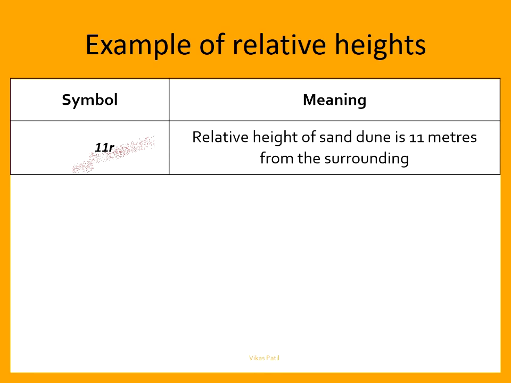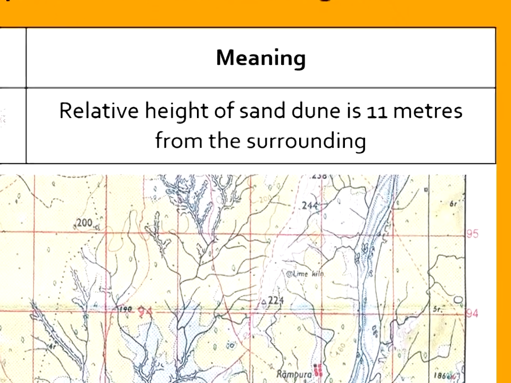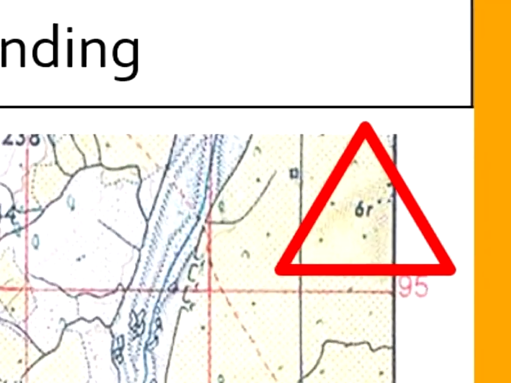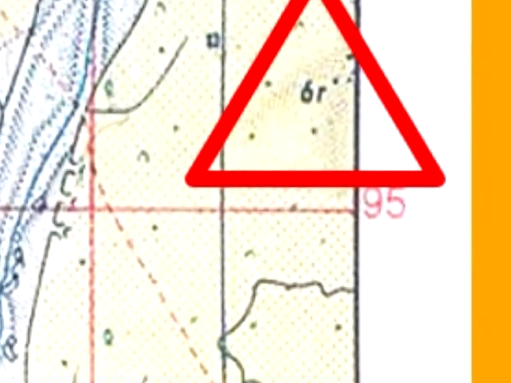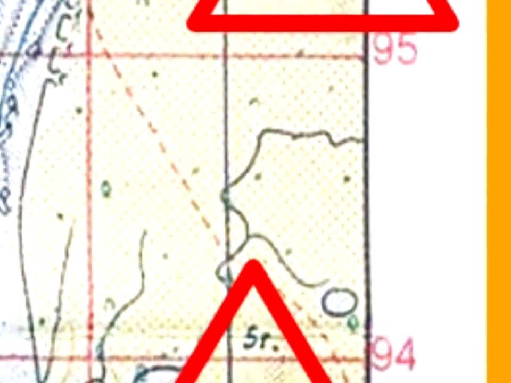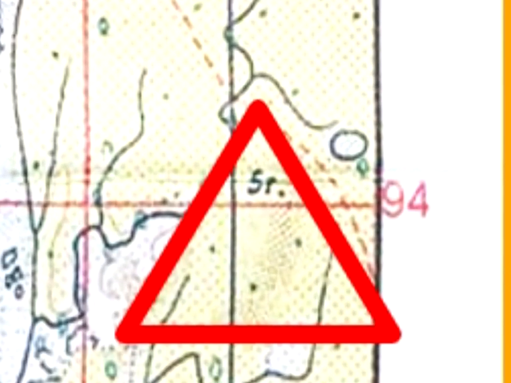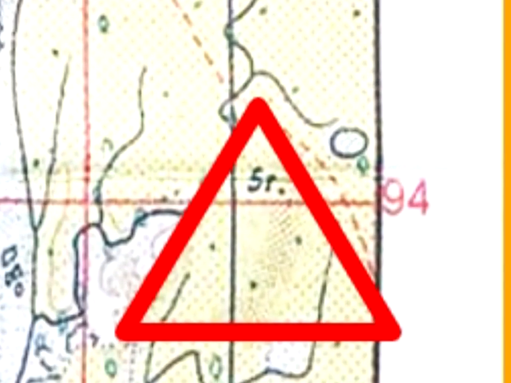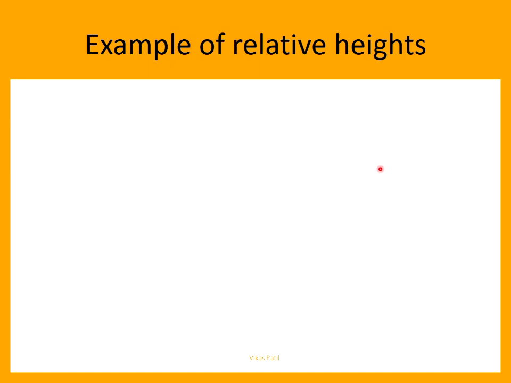So here the relative height of the sand dune would be 11 meters from the surrounding. Let's look at some examples here. You see 6R along with the cluster of brown dots, and 5R along with the cluster of brown dots. So they both represent the relative height of the sand dune.